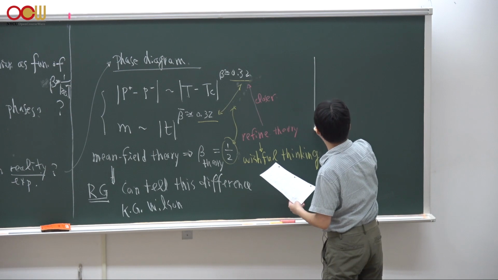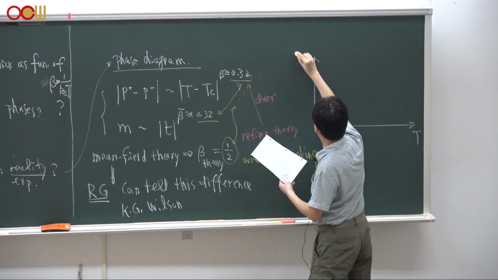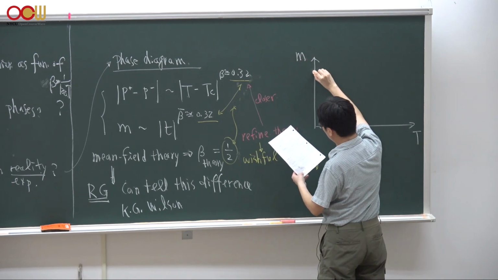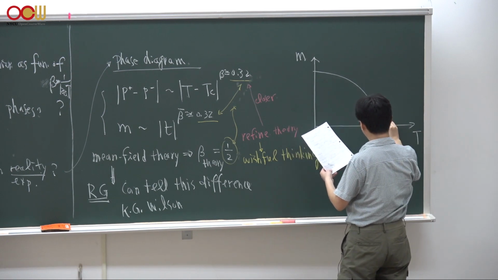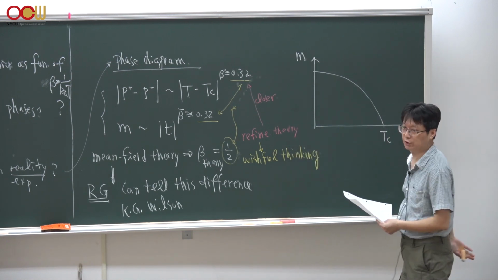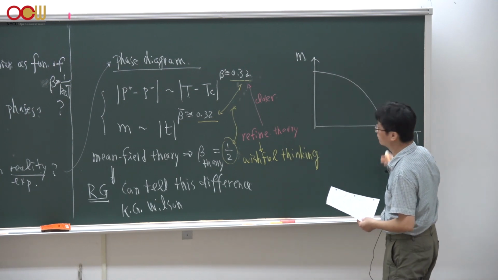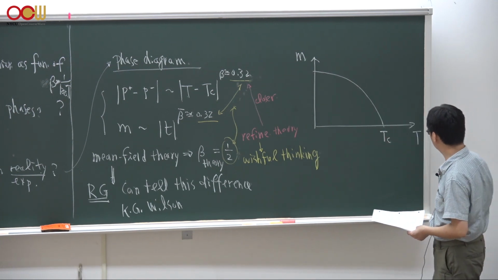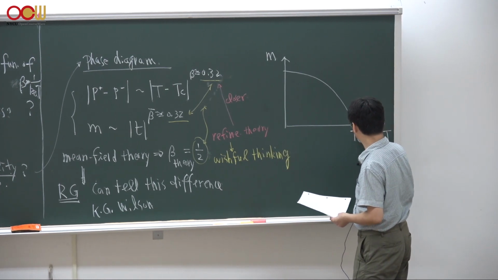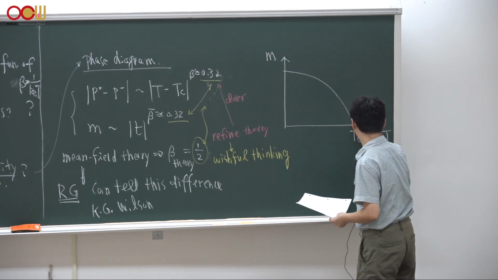So let me just illustrate this point even further. The magnetization as a function of temperature has the feature that the magnetization is lower as you increase temperature for ferromagnetic materials, until Tc is reached, and then the magnetization vanishes, right?